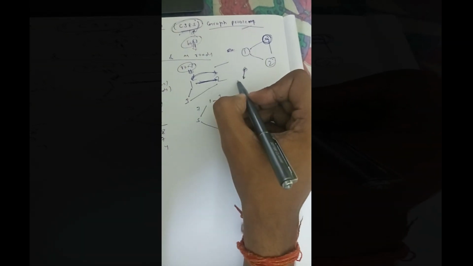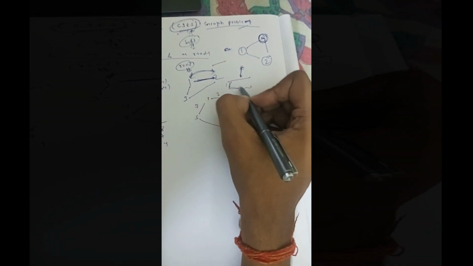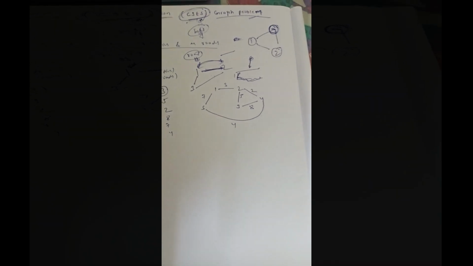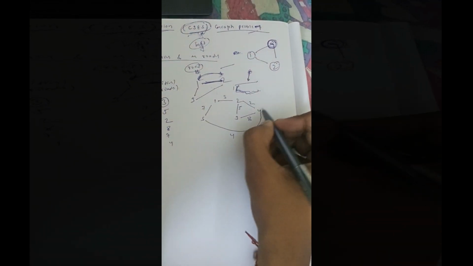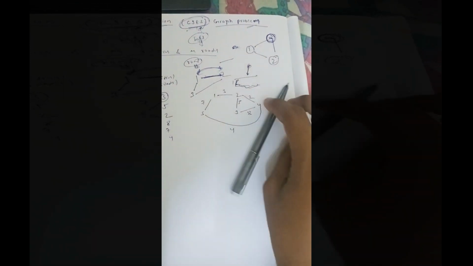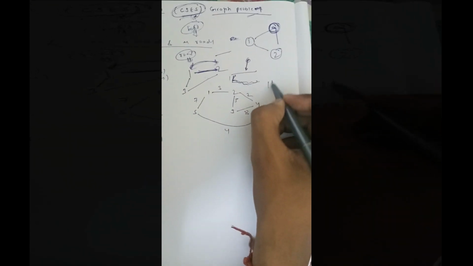So there may be a direct edge or maybe an edge from other vertices. Then I have to repair the roads with minimal cost. And if there is a possibility of not reaching some cities, meaning there are no roads for reaching them, then print impossible. And basically I have to minimize the repair cost.